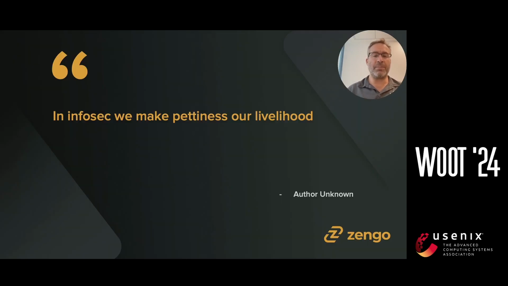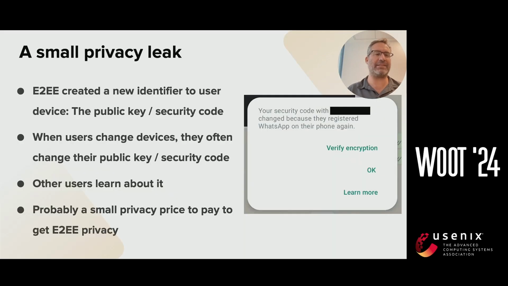So we could be very content with what we have, but in InfoSec, we make pettiness our livelihood. And so there's this little pesky detail, a small privacy leak created by this system. The end-to-end encryption created a new identifier for the user device.